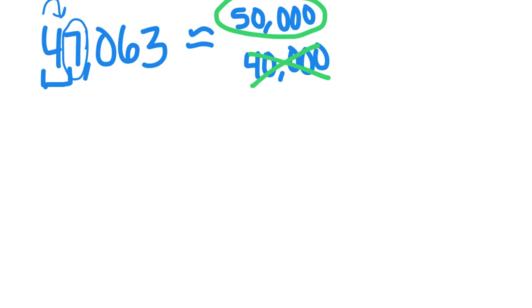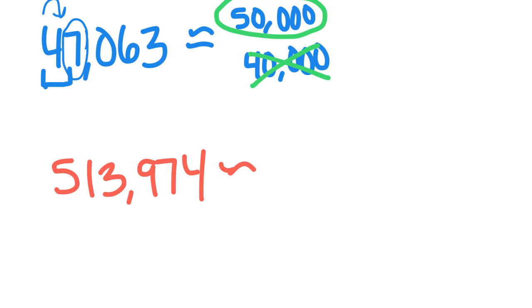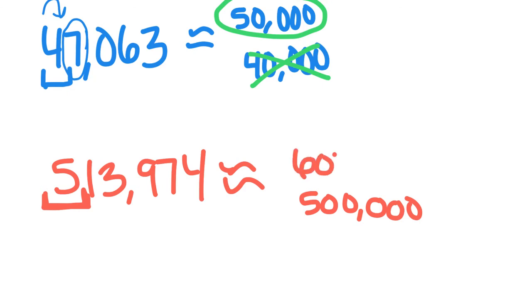Let's do an even bigger number. Let's go to the 100,000s place. Let's say we have 513,974. And we have to round to the largest place value. The largest place value in this number is the 100,000s place. So our number is going to be somewhere between 500,000 and 600,000. I need to decide which one it's closer to.